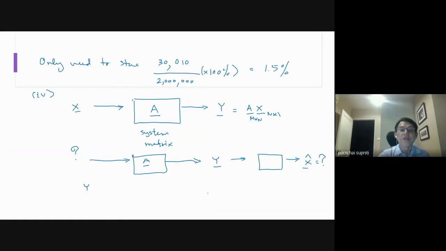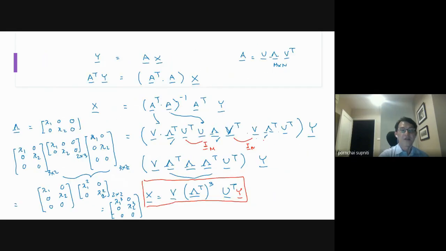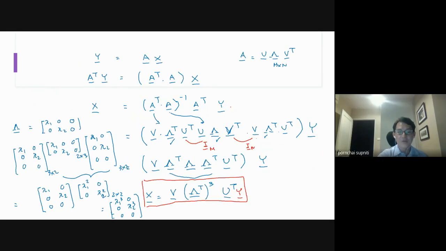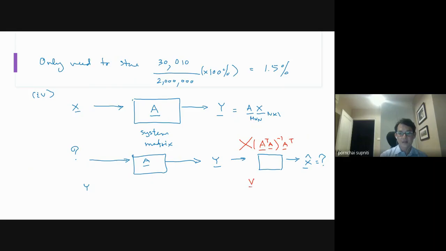Instead of computing A transpose times A, inverse, and multiplying with A transpose, we don't need to do any inverse. We can just multiply with V, lambda transpose to the cube, and U transpose.